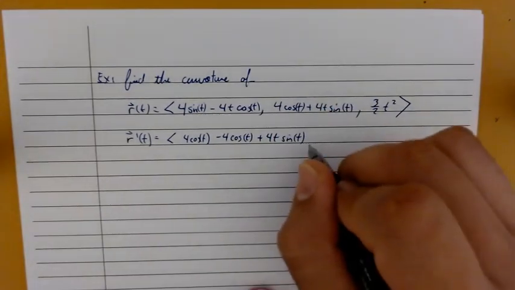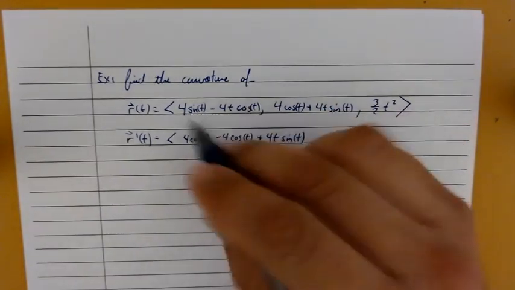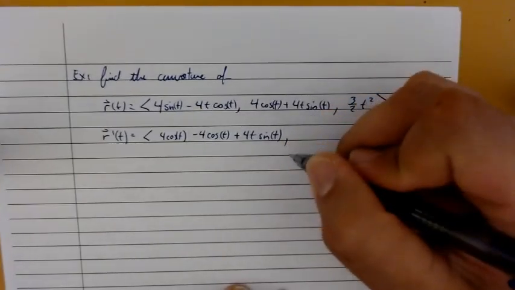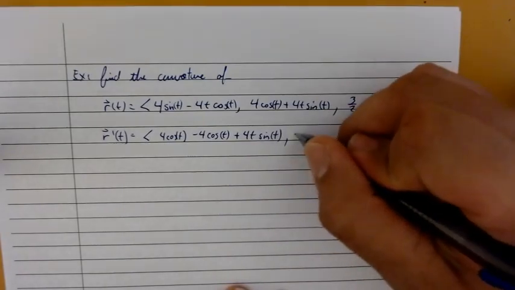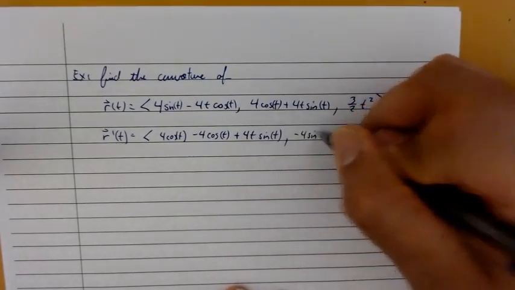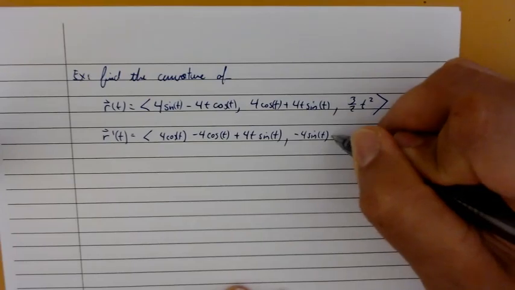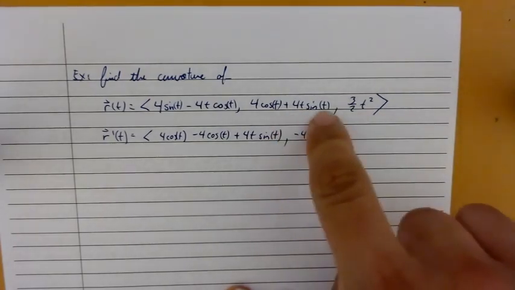All right, so there's the derivative of the first component, and then we'll take the derivative of the second component. 4 cosine of t has a derivative that's negative 4 times the sine of t, plus, and then we have to use the product rule here as well.